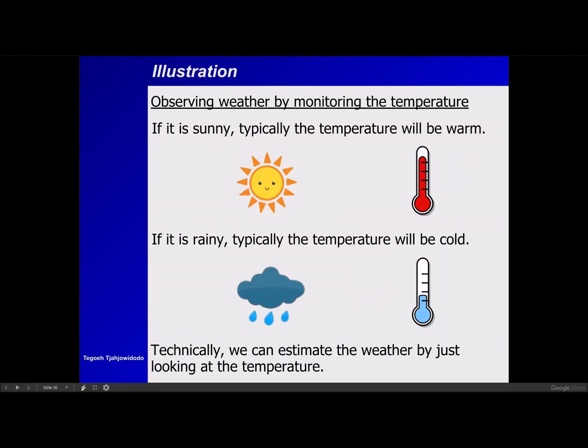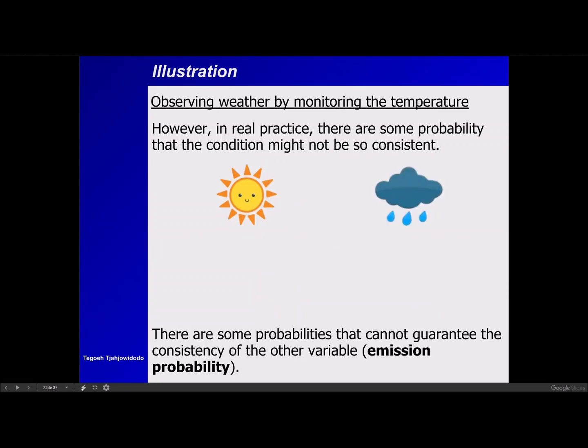Intuitively, if the weather is sunny, the temperature will be warm. If the weather is rainy, the temperature will be cool. So intuitively, again, we can estimate the weather by just looking at the temperature from our thermometer reading, right? But unfortunately, that is not completely true in real practice, as there is some probability that the condition might be different.